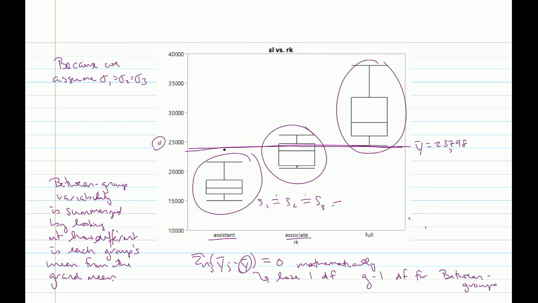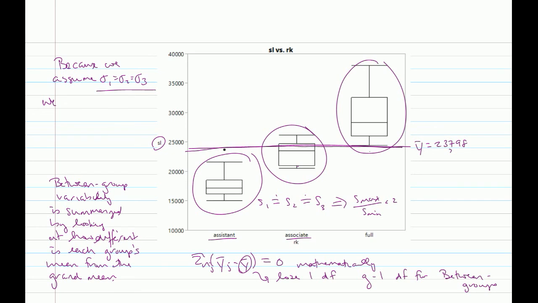That's why we use S max over S min less than 2 to check our assumption. So if we can assume sigma 1 equals sigma 2 equals sigma 3, then we can say, we're trying to estimate that common standard deviation of the population. Let's take these individual sample standard deviations and throw them all together. Let's pool them all together into one good estimate of that sigma.